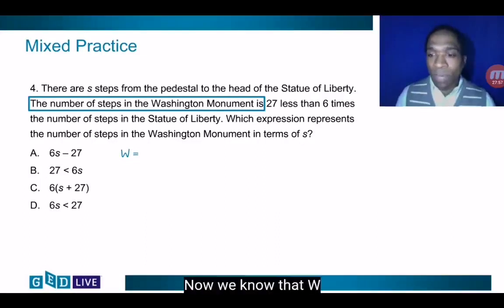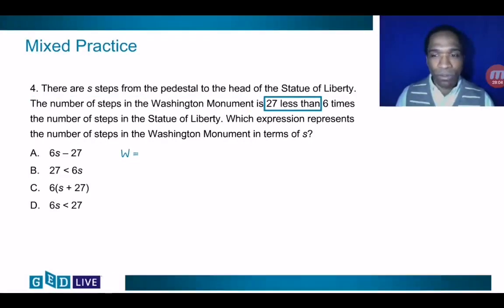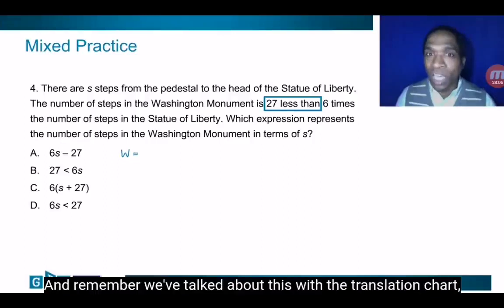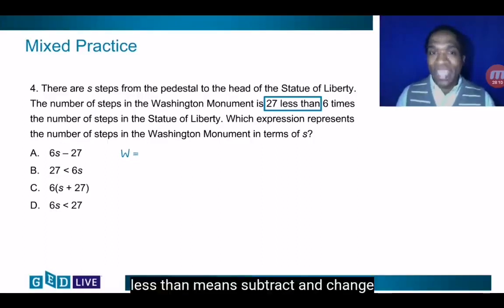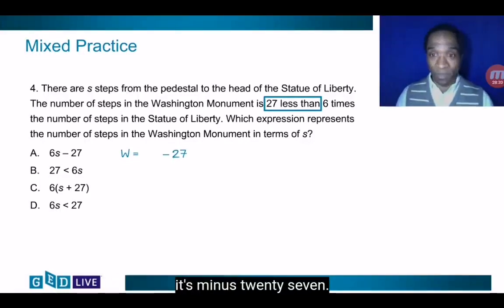Now, we know that W is 27 less than something else. It says it right there. And remember, we talked about this with the translation chart. Less than means subtract and change the order of the terms. Switch the order, like this. So instead of 27 minus, it's minus 27.